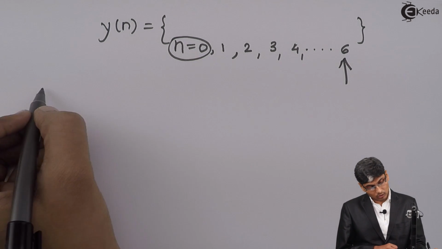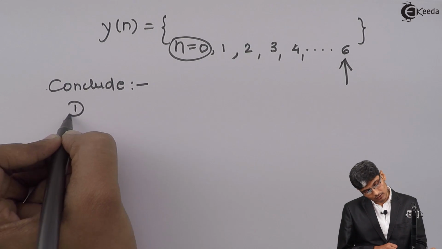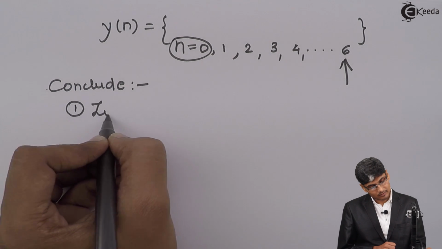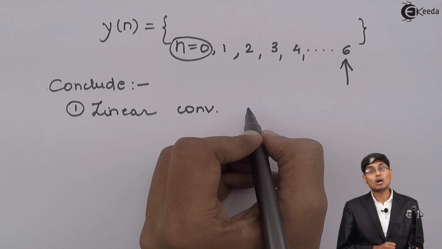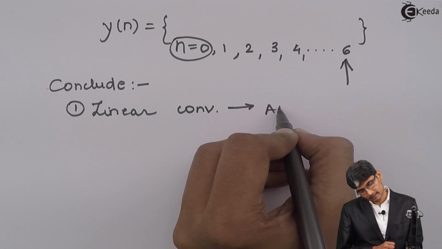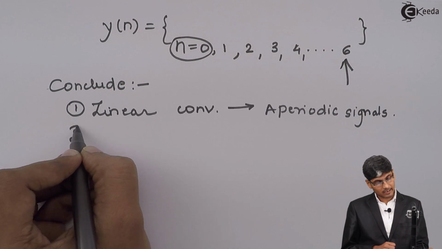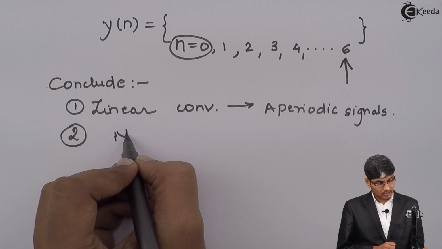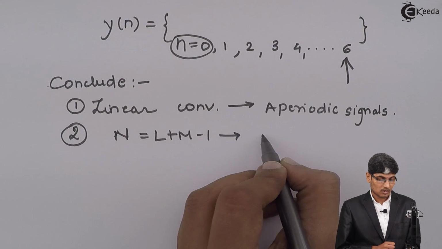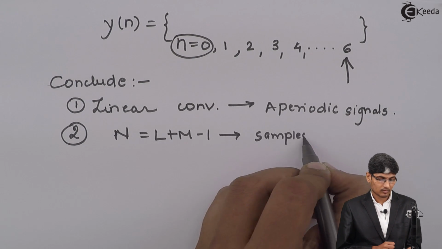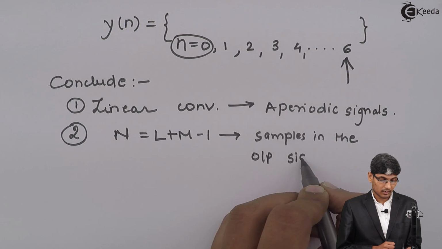So to conclude this process, first we have seen that we have used linear convolution and convolved aperiodic signals. Second, there are N is equal to L plus M minus 1 samples in the output signal.